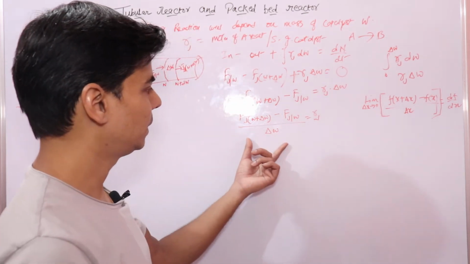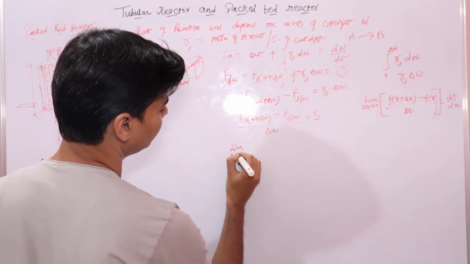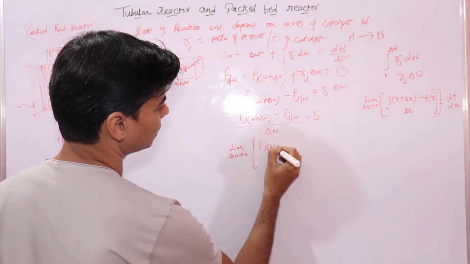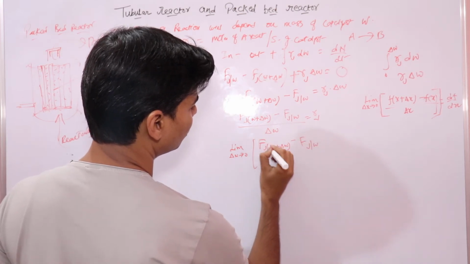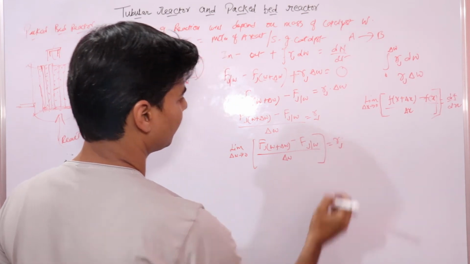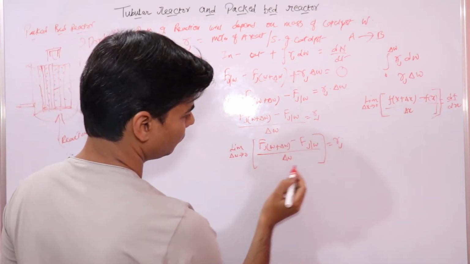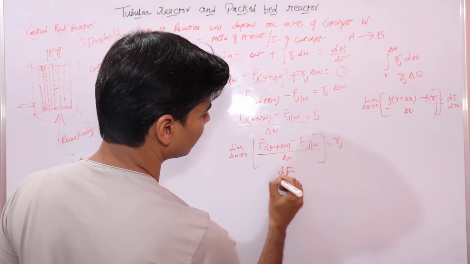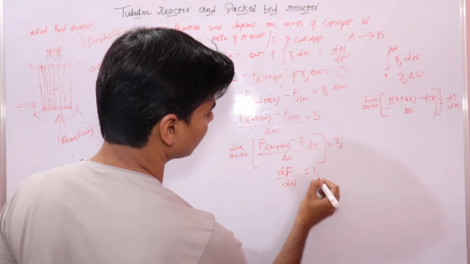So if we apply the same here, it becomes limit delta W tends towards 0 of Fj at W plus delta W minus Fj at W, equal to Rj. As per this formula, instead of this we can write it like this: df upon dW equal to Rj.